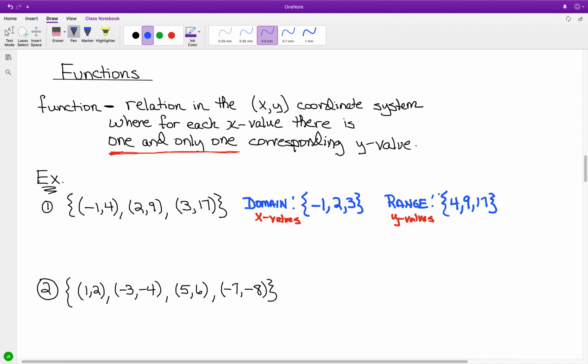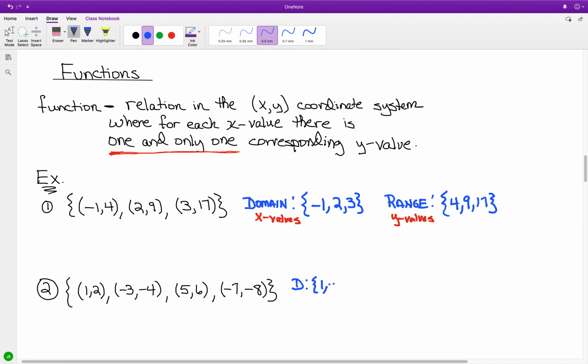Now in the second example, we have another case of a function: (1, 2), (-3, -4), (5, 6), and (-7, -8). In the case of the domain, this could be expressed in a variety of ways, but it's going to be the set of x values.